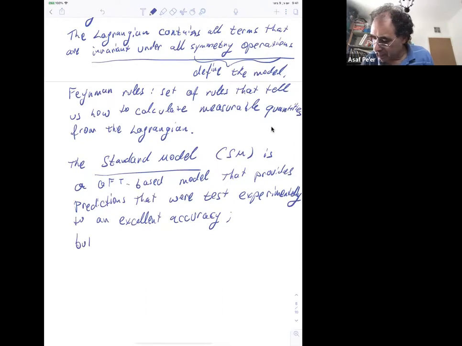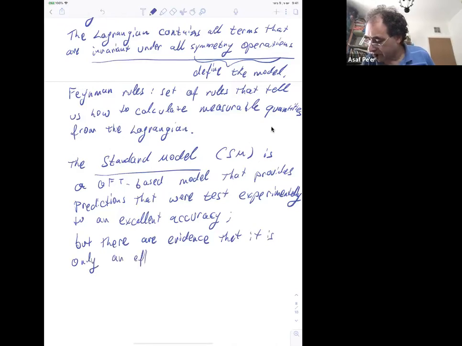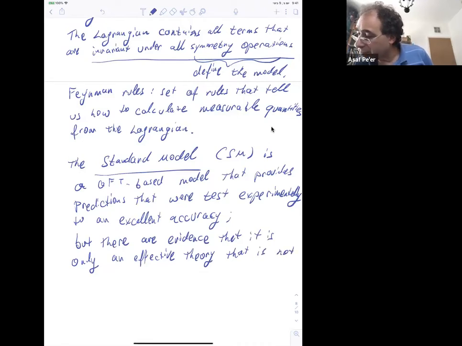But there are clues or evidence that it is only an effective theory. That is only valid, I should say, at low energies.